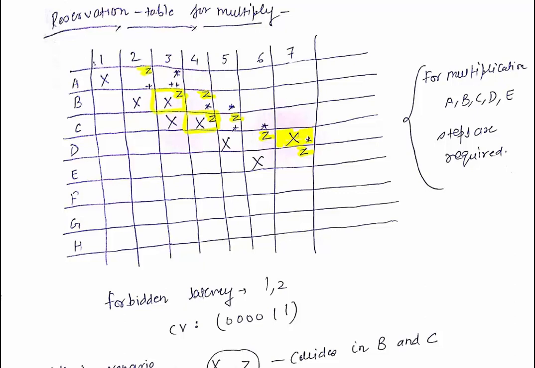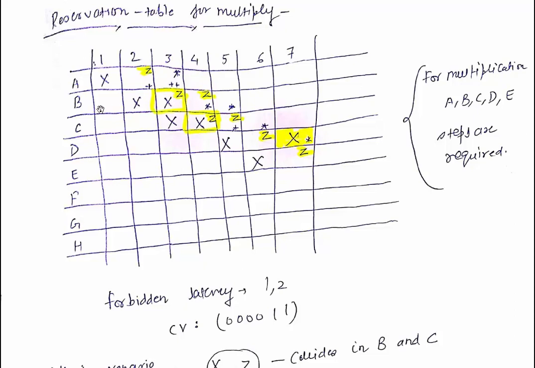This would be a shortcut method to find the minimum average latency. If we feed the input again after 1, x would come here, and if we feed the input after 2, x would come here. So in A there would be no collision.